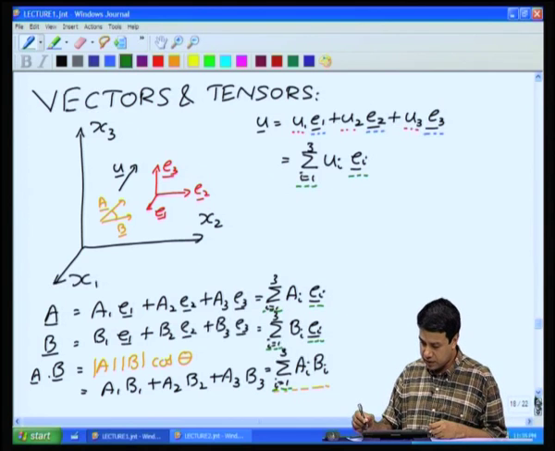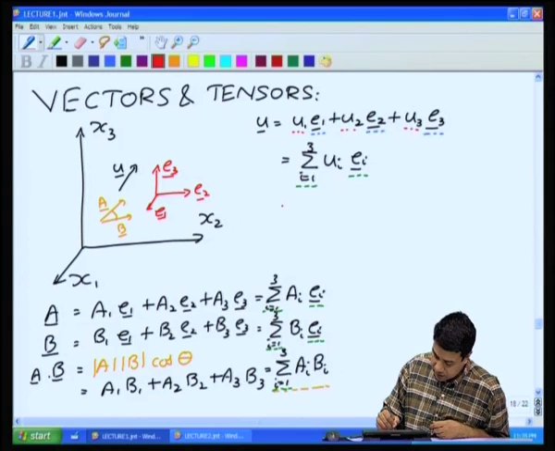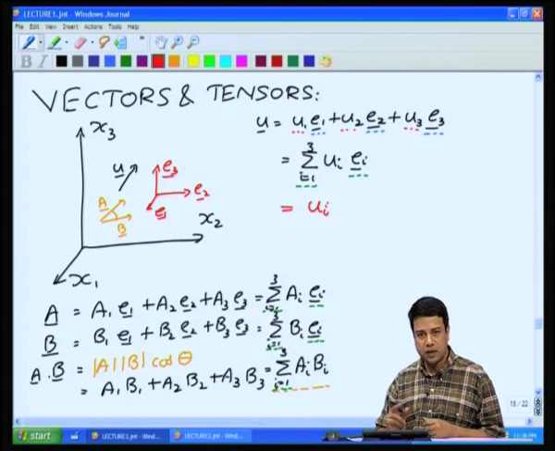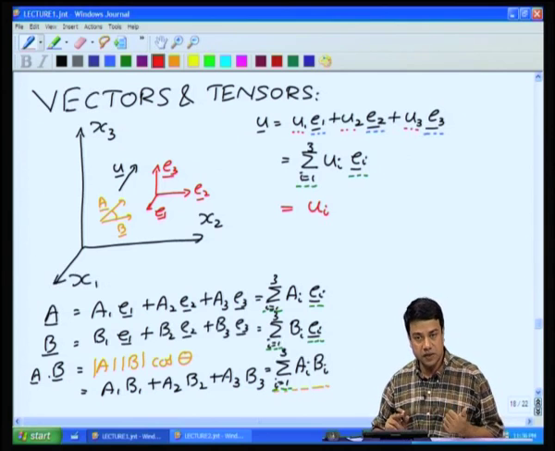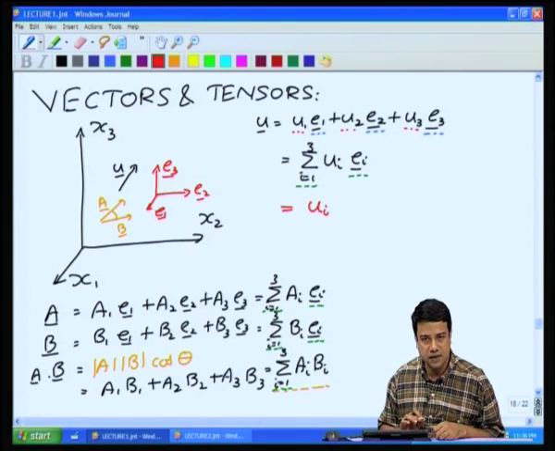And so, I can just write this vector as just u i. There is one index which is not repeated. That means that when the index is not repeated, there is a summation and there is a unit vector. That index represents the one fundamental direction, in this case the direction of the velocity field itself.